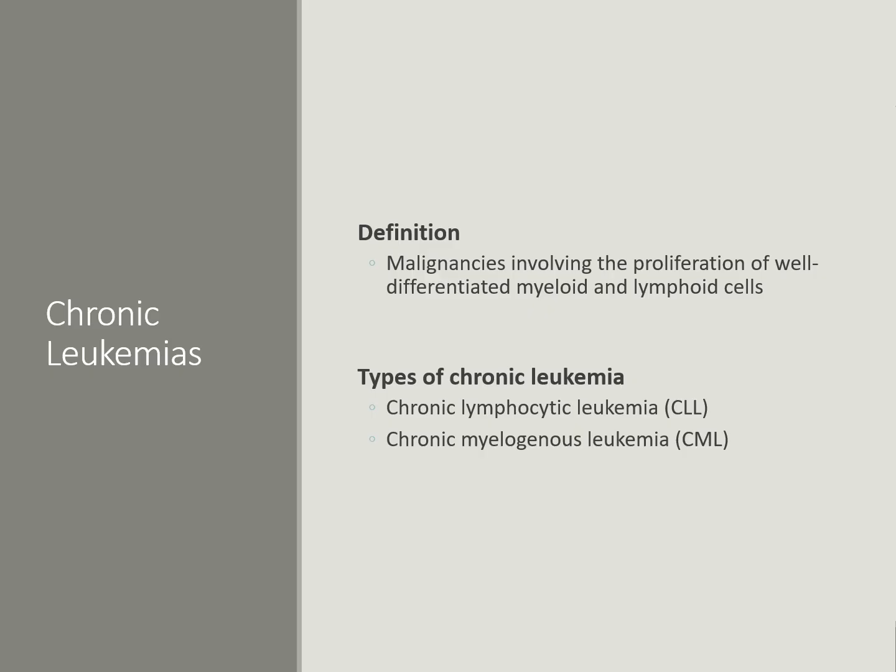And so in this case, these cells remain pretty well differentiated, meaning they still look pretty much like the cells that they started from, okay? These are typically seen in older adults, not in children. And just like with acute leukemia, there are two types. We have chronic lymphocytic leukemia, and we have chronic myelogenous leukemia.